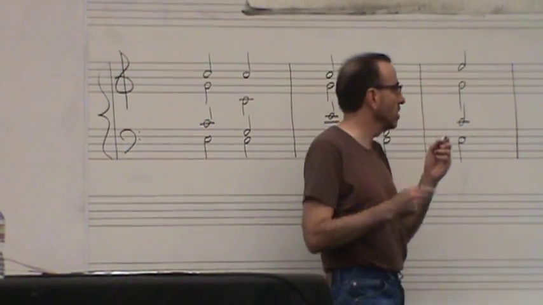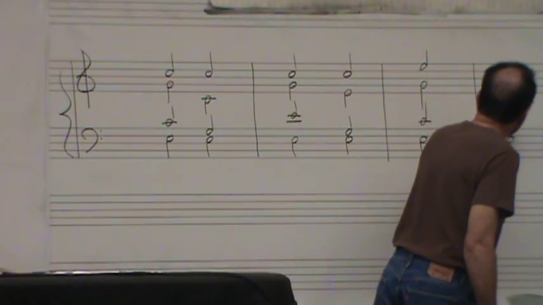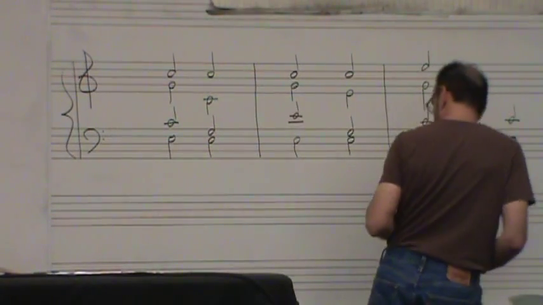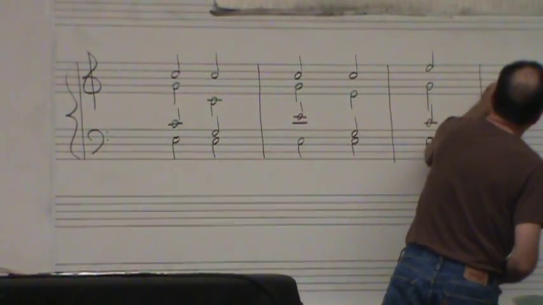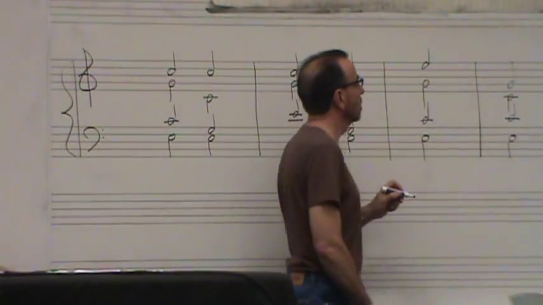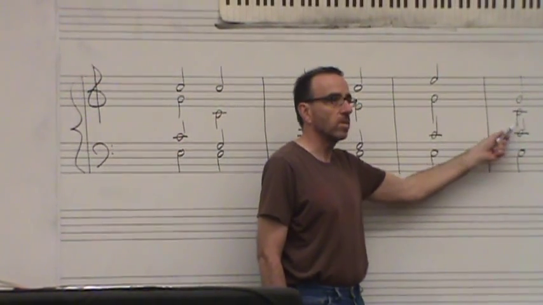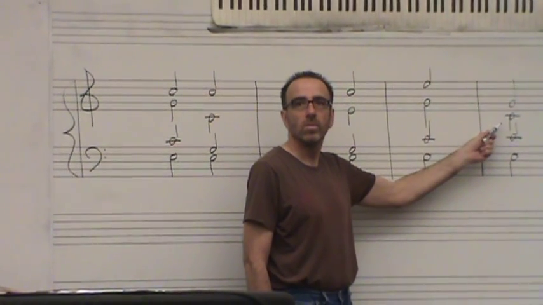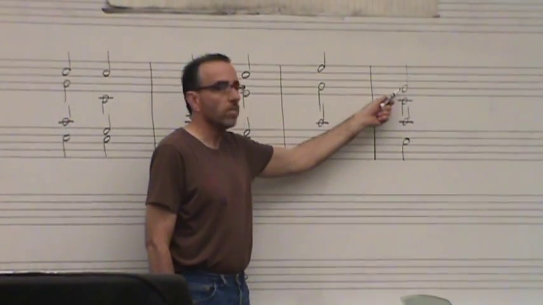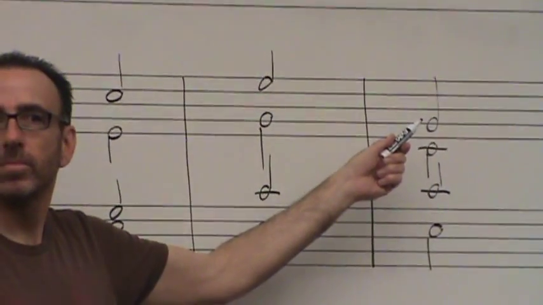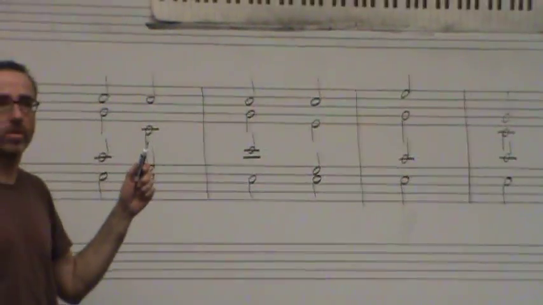Usually a unison, it could be an octave, but usually that's going to look something like this. And so the tenor and the alto are both on the middle C, both on the same note. And you've still got a third and a fifth.